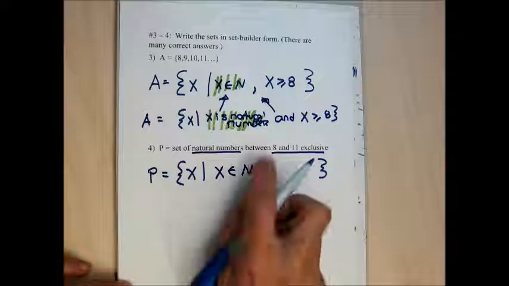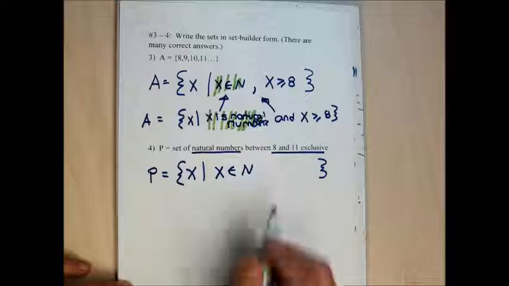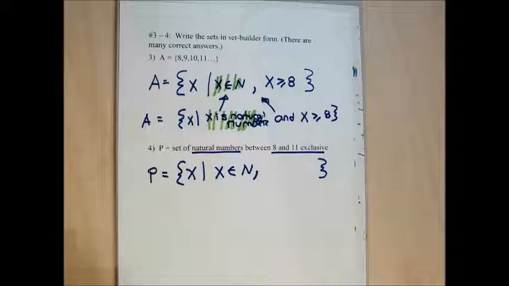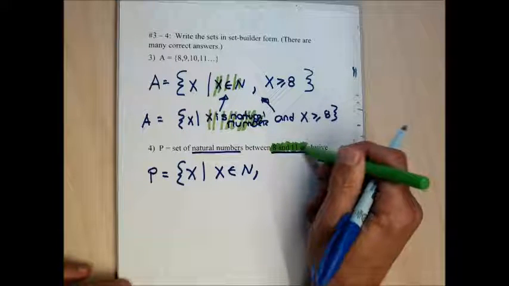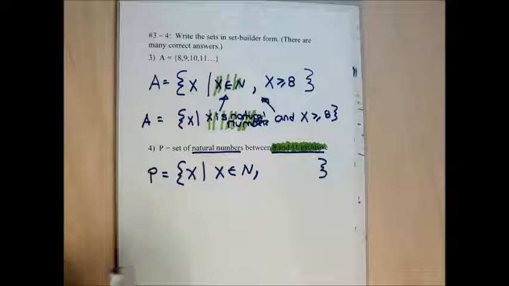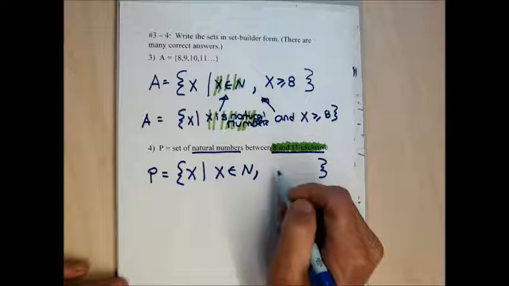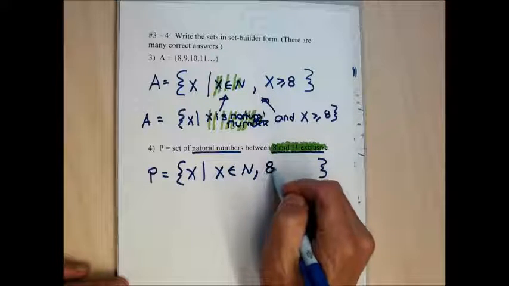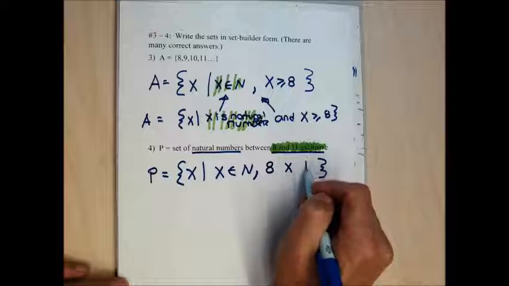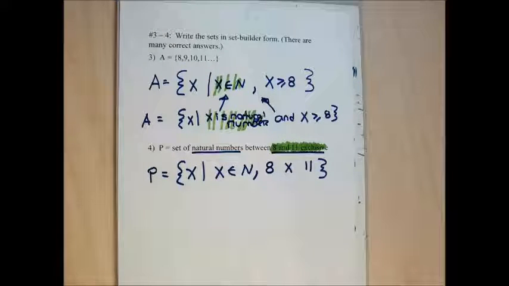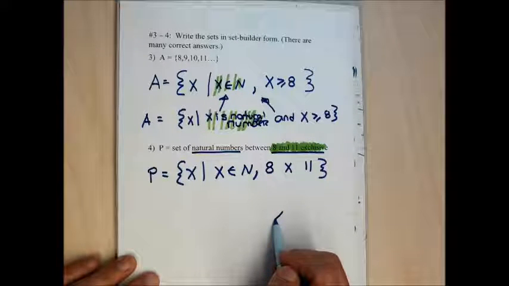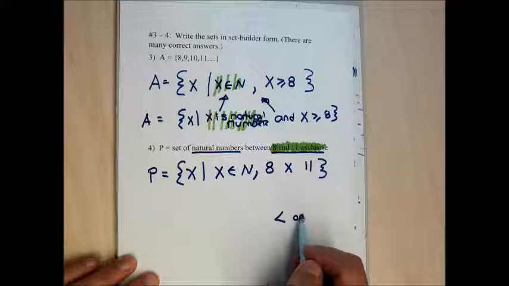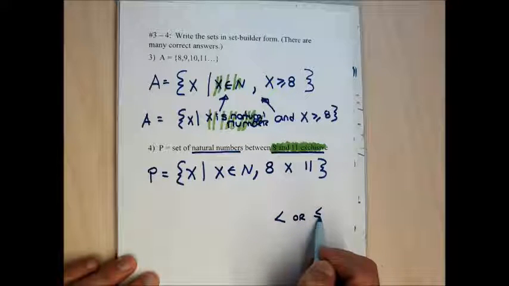After this, I could write a comma or an and. I like the comma. And then the hard part is to show between 8 and 11 exclusive. Usually in these set builder notations where we have a range of numbers, we have a highest and a lowest number, we put an x between the highest and the lowest number, and the only kinds of symbols that we put between the numbers and the x's is either less than or less than or equal to.